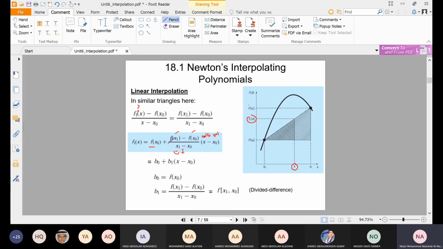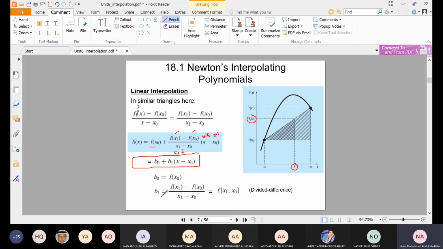We have another example here. As we said, we start from this one, and after that we get this linear equation. Usually we type it in this form, as a linear form. Here B0 just represents the function at x0.